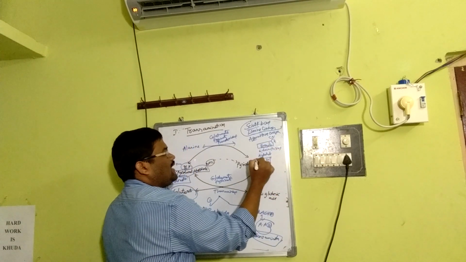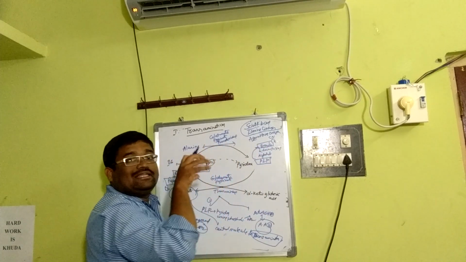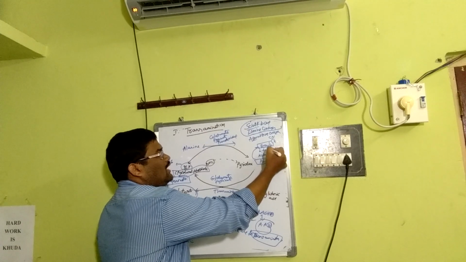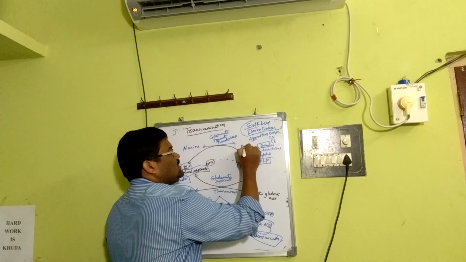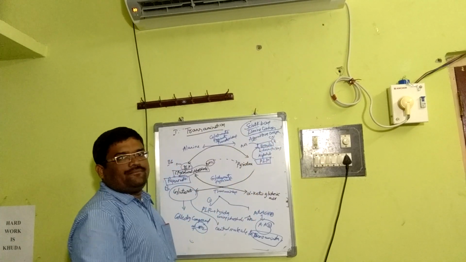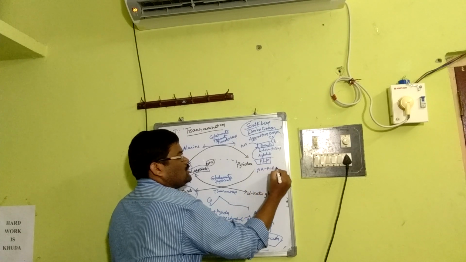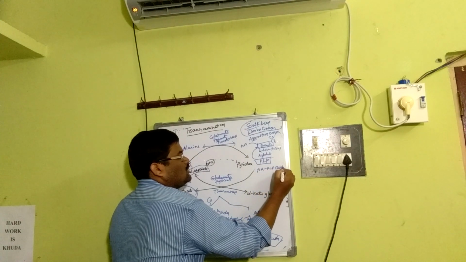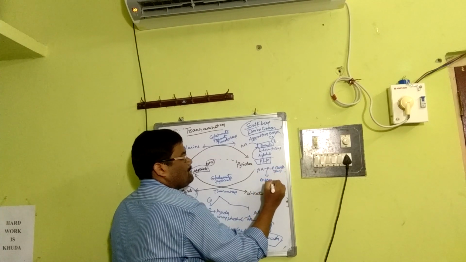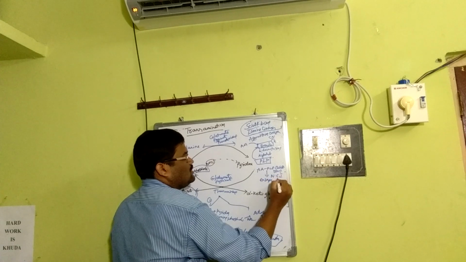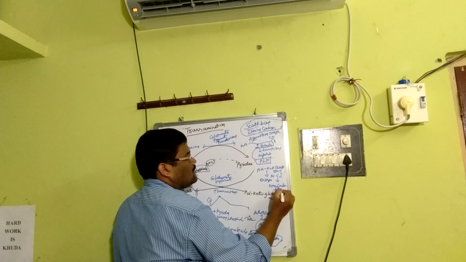That means how the PLP attaches to the core enzyme is through the aldehyde. That means the reacting compounds involved are the aldehyde of PLP and the epsilon amino group of the lysine residue of the enzyme. When the amino acid comes here, it will replace it. And this amino acid PLP Schiff base tightly binds with the enzyme by non-covalent interaction.